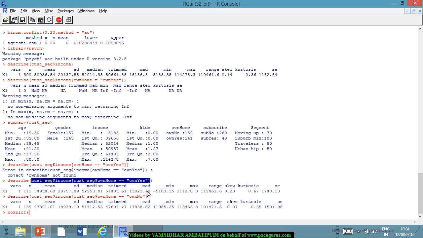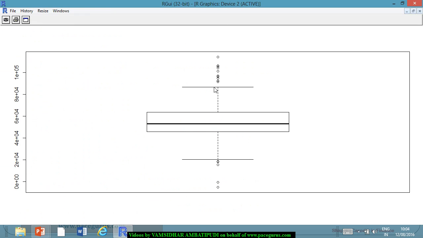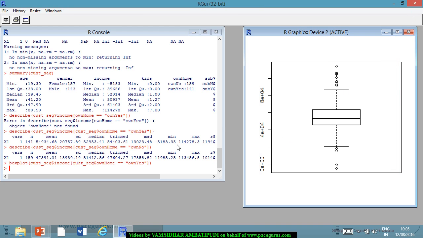For the people who own a home, I look at the box plot. I see a few outliers on this side, but they are not too significantly far away. They are very close to this line. So I can quickly check the presence of outliers by using this box plot, or I can use that describe command.